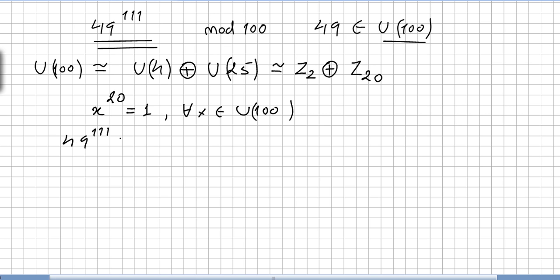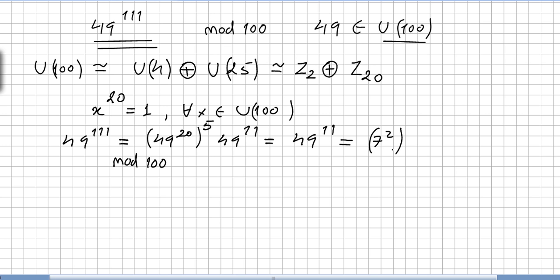Okay, so 49 to the power of 111 will be, of course, modulo 100. We are talking about modulo 100. 49 to the power of 20, right? To the power of 5 times 49 to the power of 11. Okay, so this disappears modulo 100, that's 1. So this is 49 to the power of 11. But 7 times 7 is 49, so 7 squared to the power of 11.